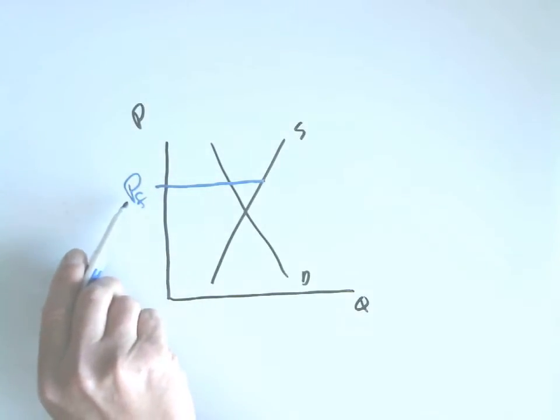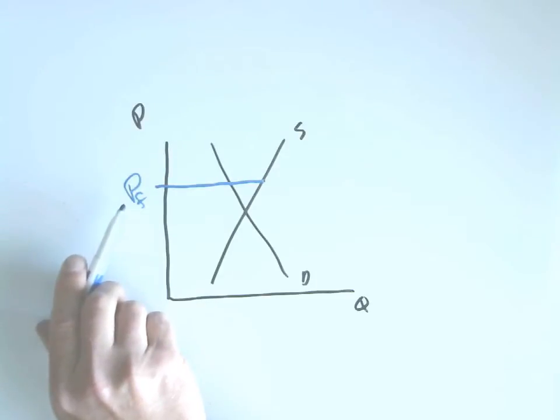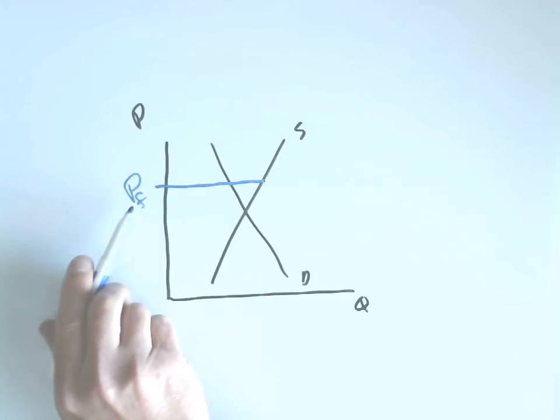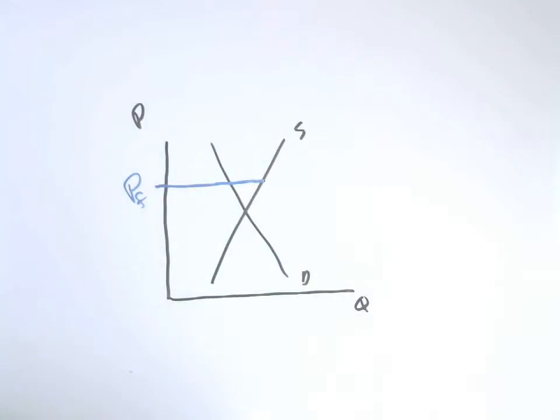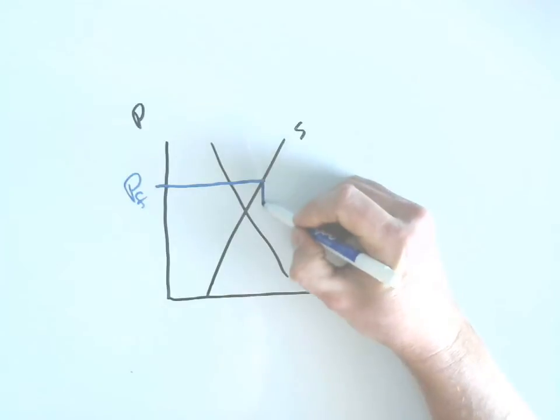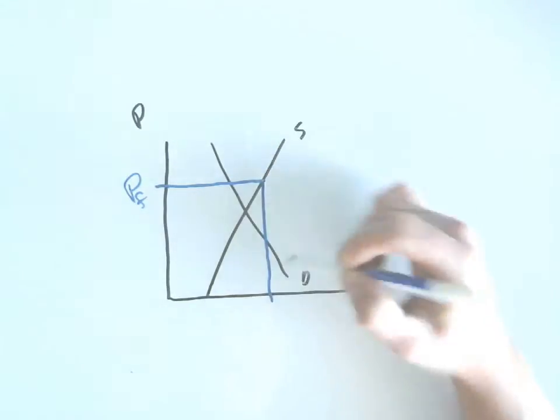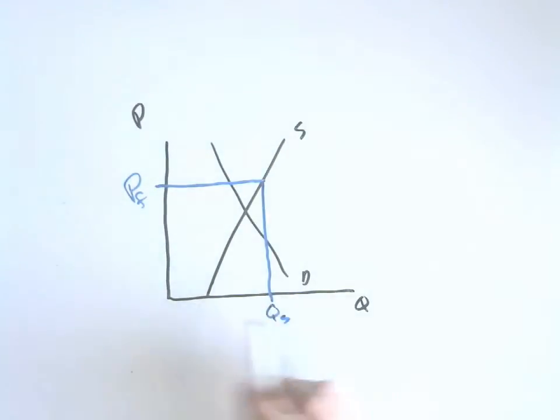So the government steps in and supports the price. It forces everyone to pay no less than PF per bushel to keep the farmers employed and to keep them happy. So how much would be produced at this price floor price? Well, we can see that it would be the quantity supplied at that price. So QS units of the product would be produced.